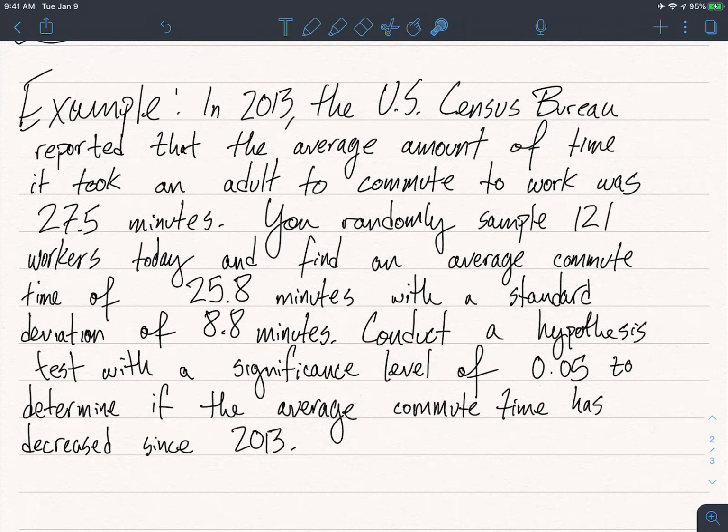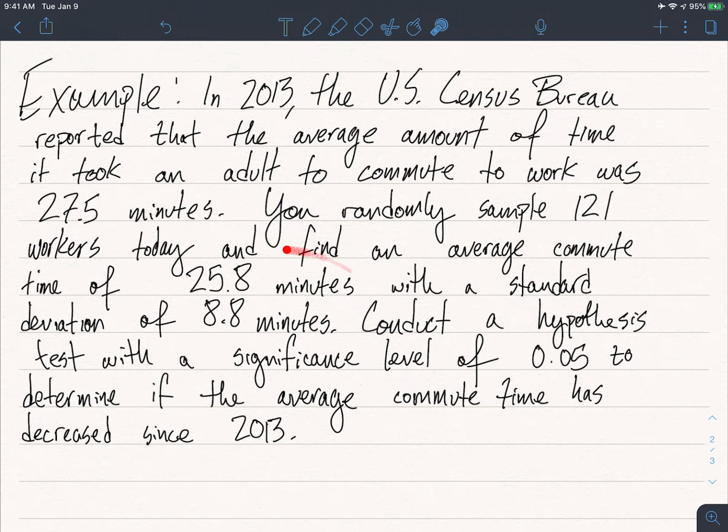All right, so way back when in the dark ages of 2013, it was reported that the average time it took people to get to work was about 27.5 minutes. And now 7 years later, you sample people, 121 people to be exact, and find an average commute time of a little bit less, right? 25.8 minutes with a standard deviation of 8.8.